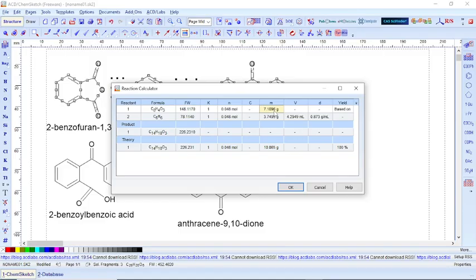Because a student that dissolved 7 grams of the compound in 100 ml of water should not expect the same concentration as the student that dissolved 2 grams in the same 100 ml.